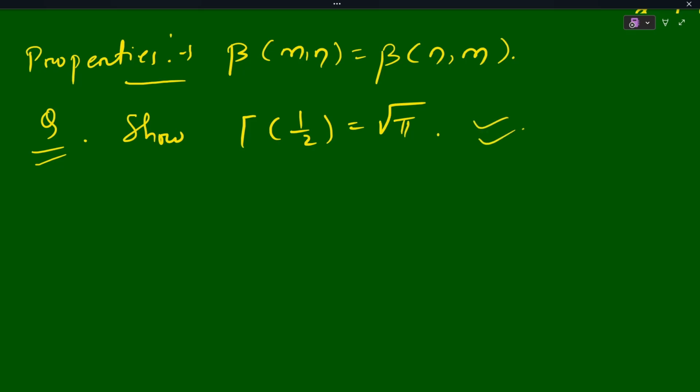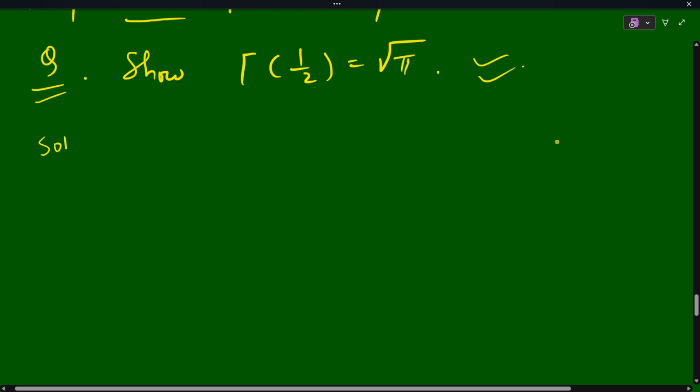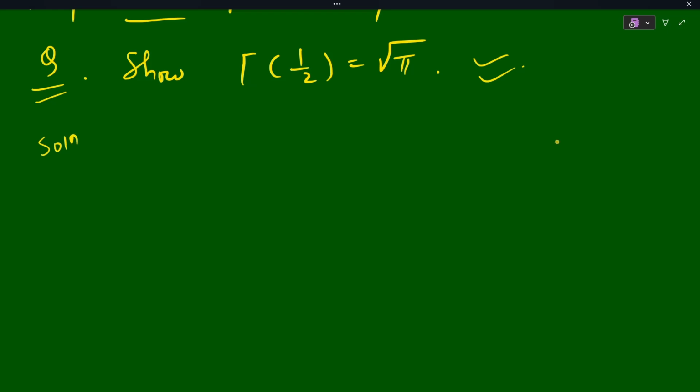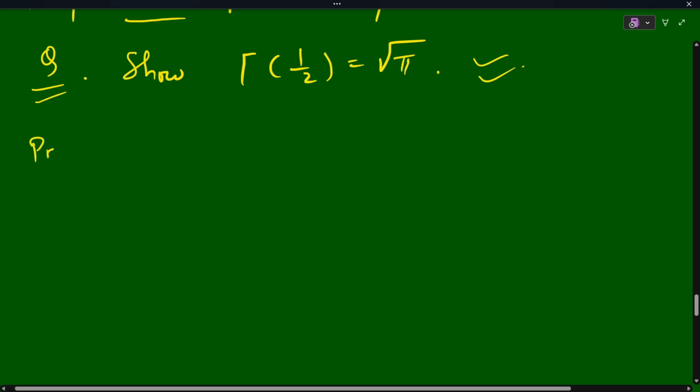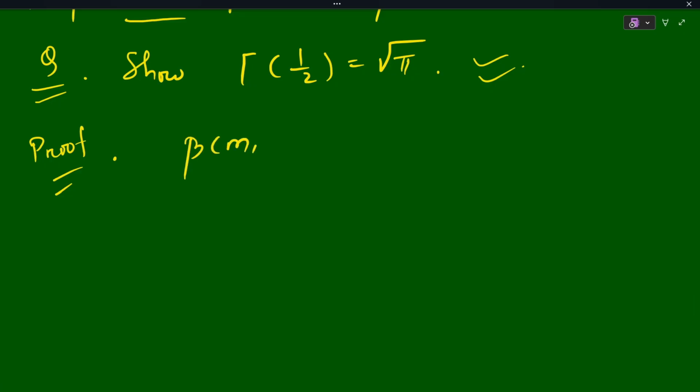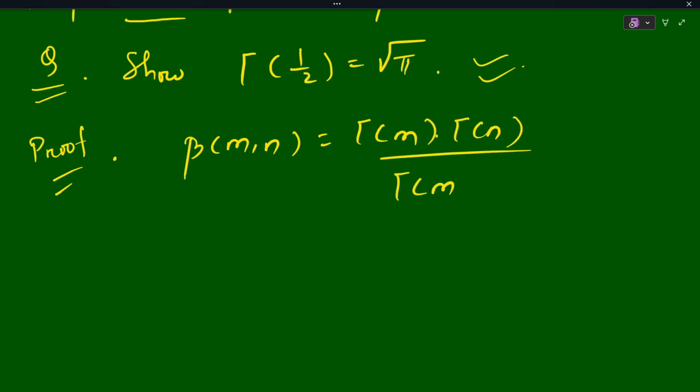So what we have to do now, to prove this, is use that beta function. So what is the beta function? Beta function is gamma m into gamma n by gamma m plus n, right? So here suppose I take both m and n as half.